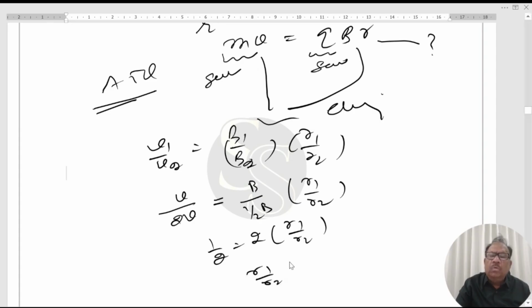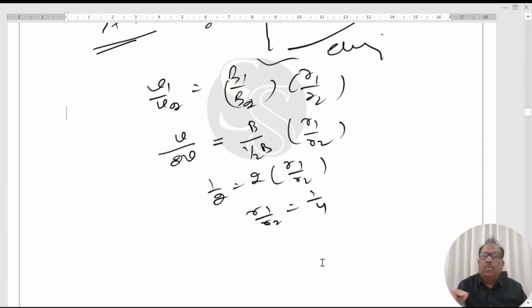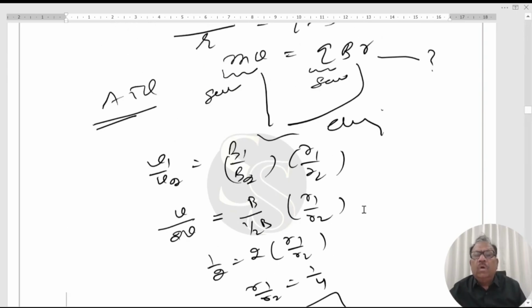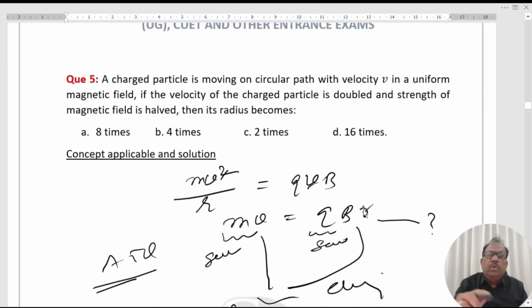R1 over R2 will be equal to 1 by 4. R2 will become 4R1, which means the radius will become 4 times. What was the requirement? Option B is the correct option here, right?